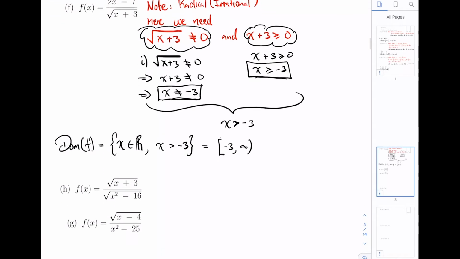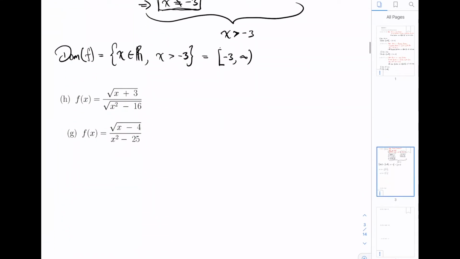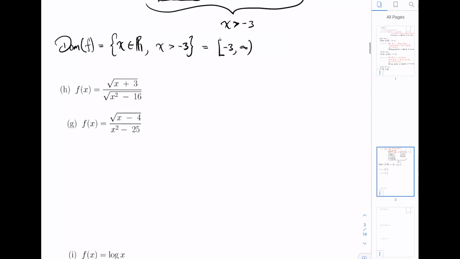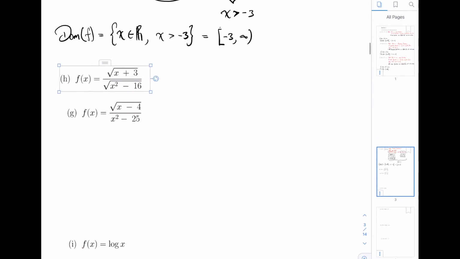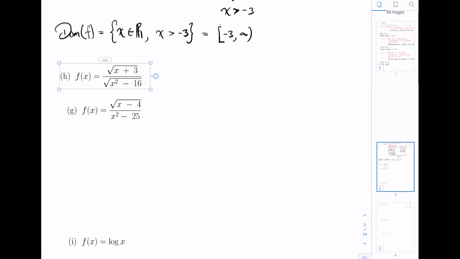Okay, so now we look at part G. Let's add another page here.